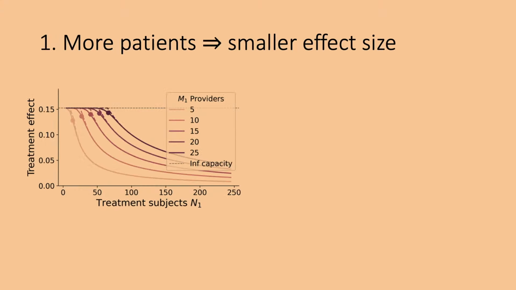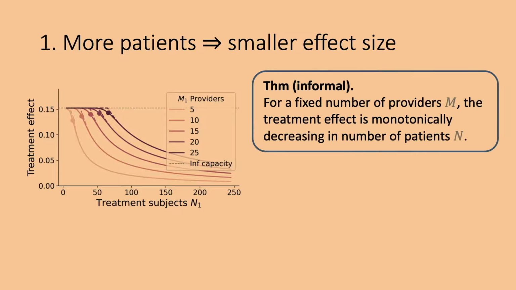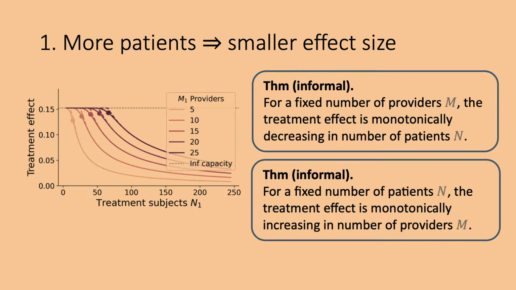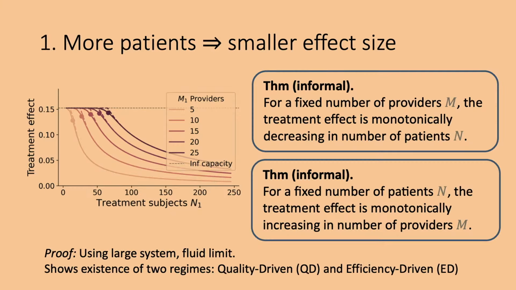Also, another very intuitive thing that we can show is that if we increase the number of subjects, treatment effect decreases. If we increase the number of providers, the treatment effect will increase because they're getting service more often. And we can prove both of these statements using what's called the large-scale fluid limit, which is essentially the law of large numbers applied to these Markov chains.